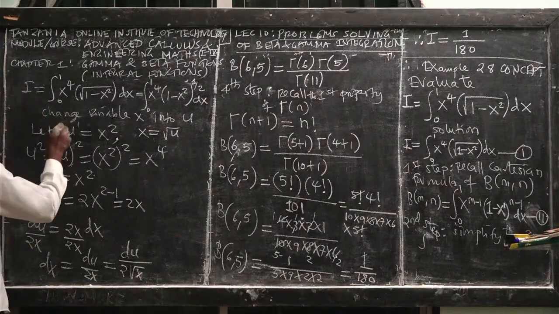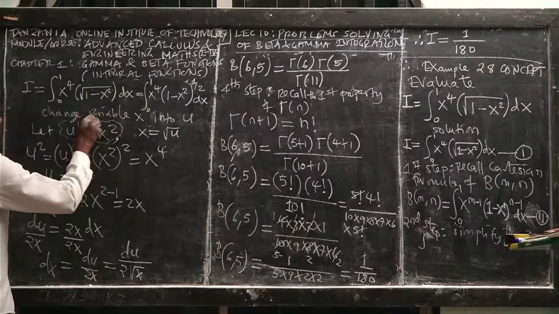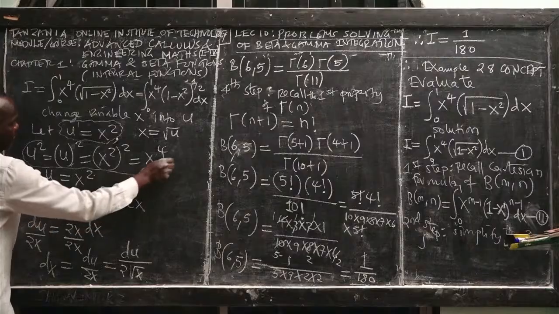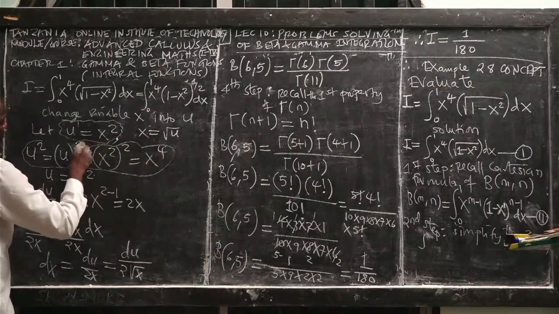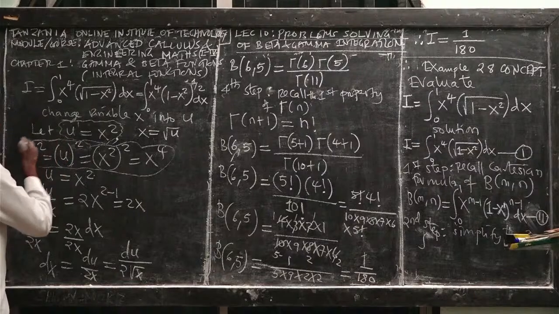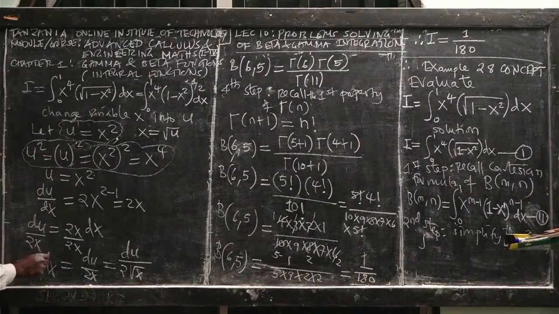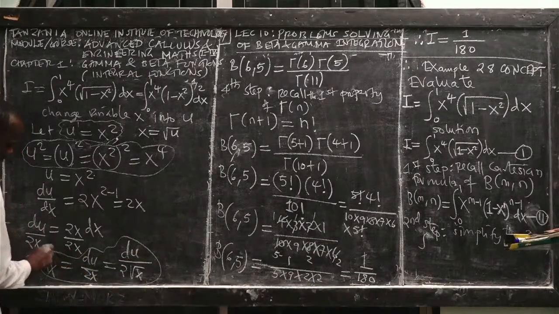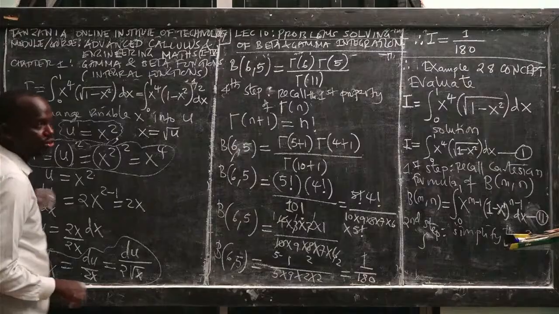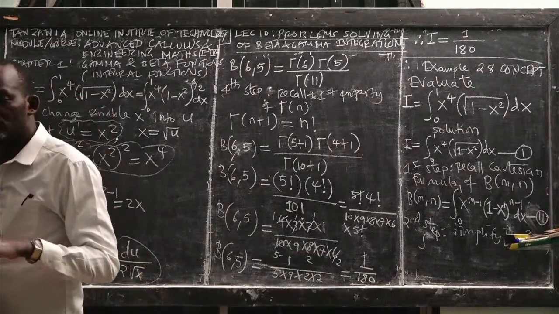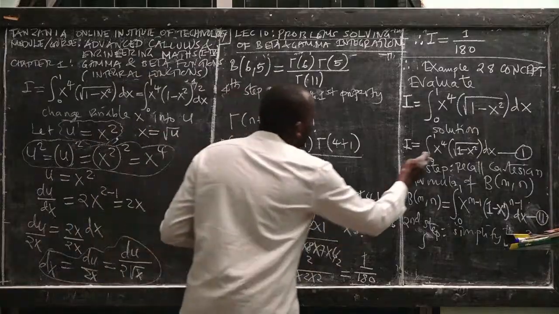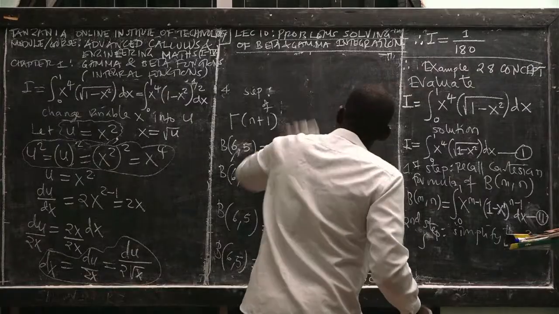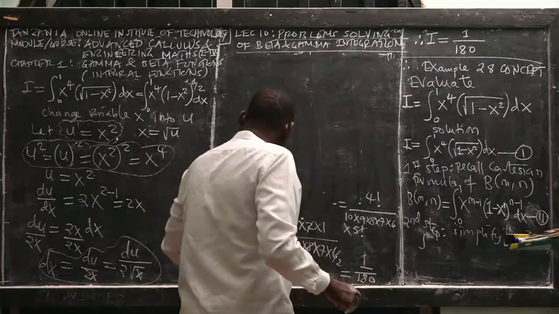So we will need this one. Do not do this in the exam; this is only for teaching purposes. And now we are going to change the limits. Remember these limits 0 to 1 are limits of x. They are not limits of u. So you also have to change your limits. That's why I told you that this question is conceptual.